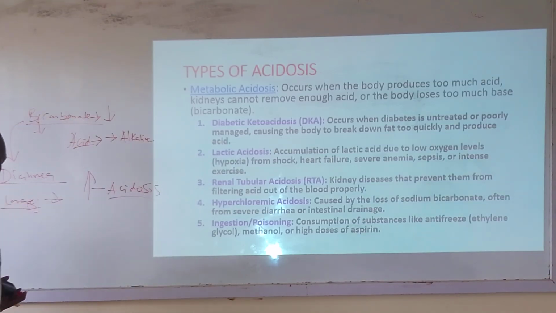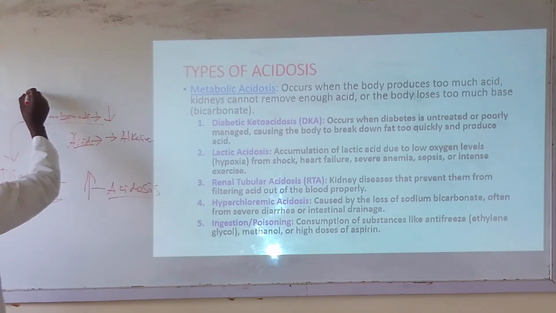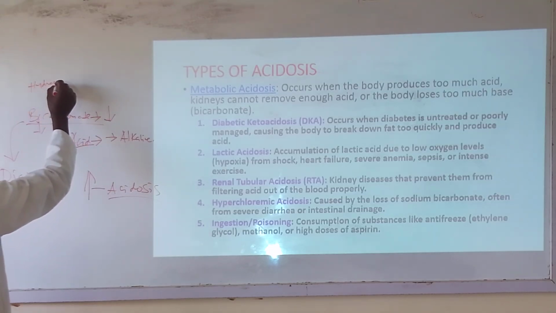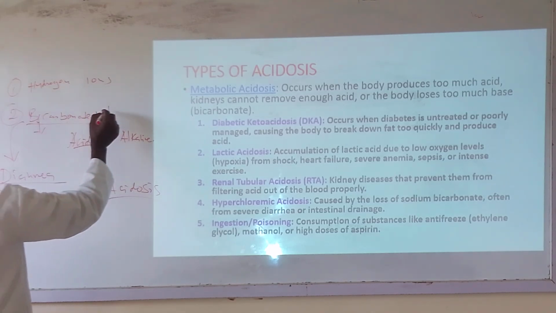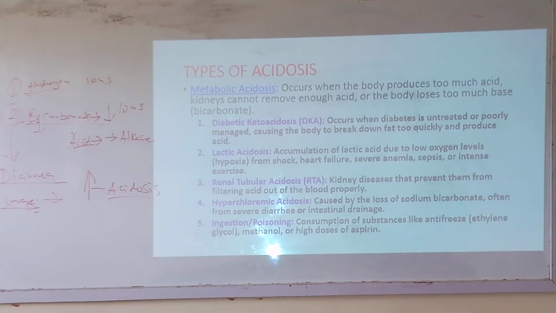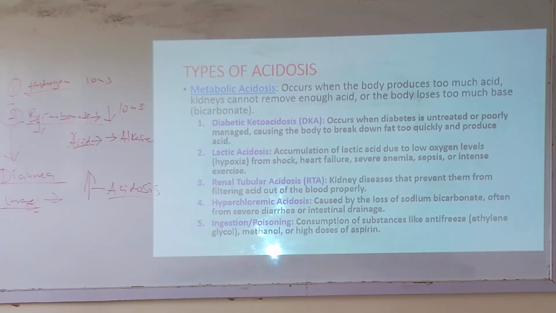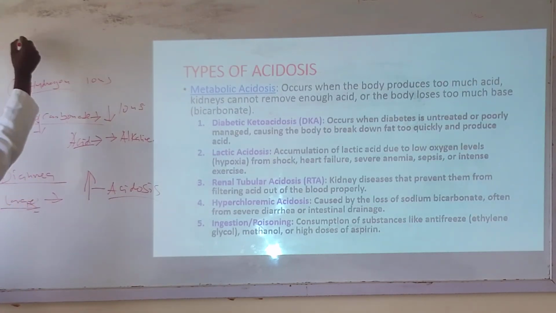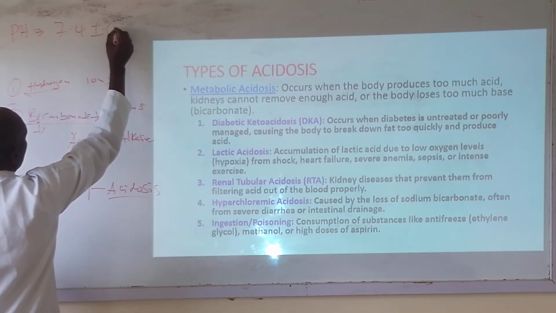Remember, acidosis and alkalosis just revolve around 2 things. One is hydrogen ions, and two is bicarbonate ions. So when you reduce bicarbonates in the body, your body becomes acidotic because of accumulation of hydrogens. It is hydrogen ions and bicarbonate ions that balance each other so that you get an equilibrium pH of 7.4 plus or minus 0.05.